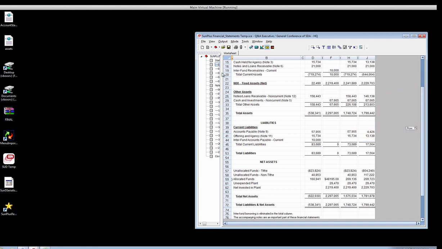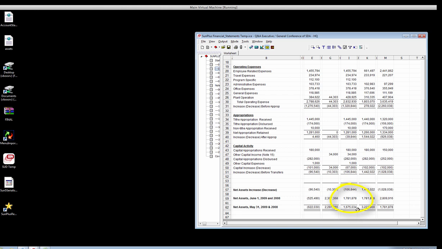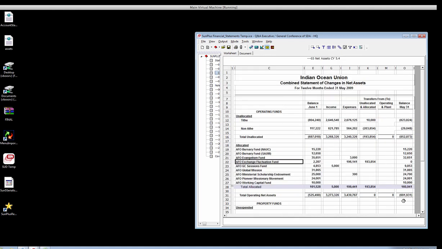Also we have, since we've already balanced the income statement, $1,675,034, this figure matches the balance sheet, so the balance sheet and the statement of activity all tally together, but the net asset statement is all goofed up.